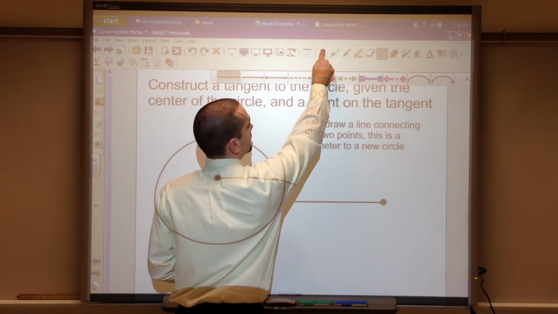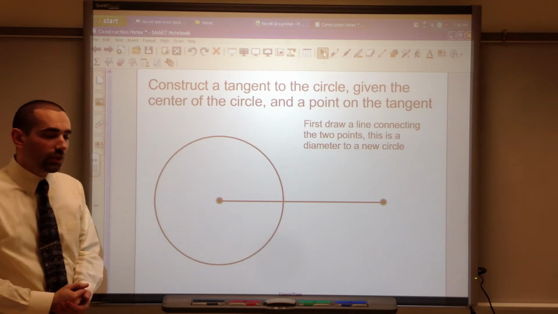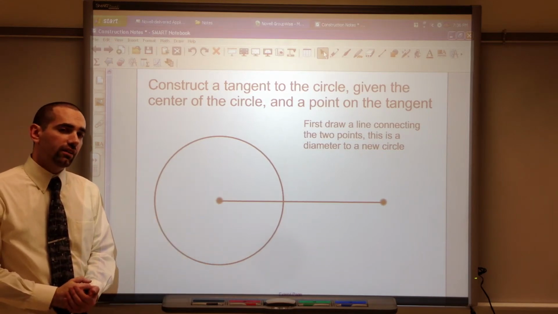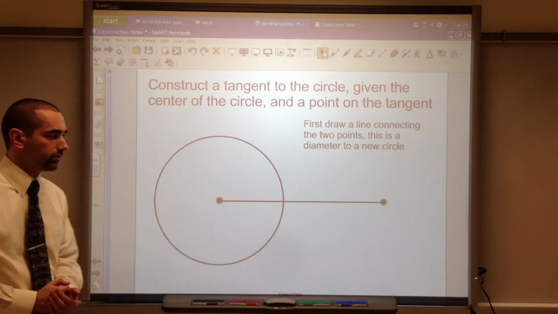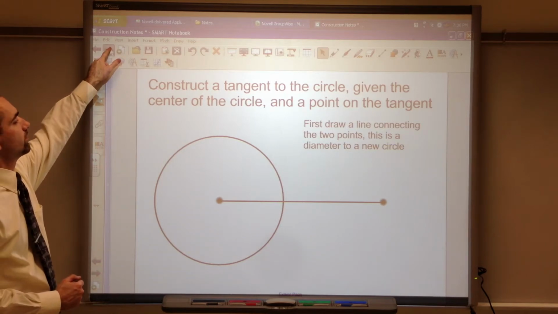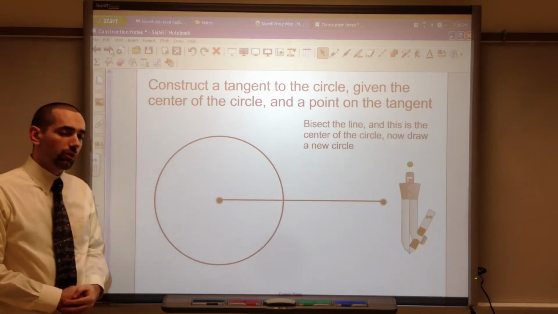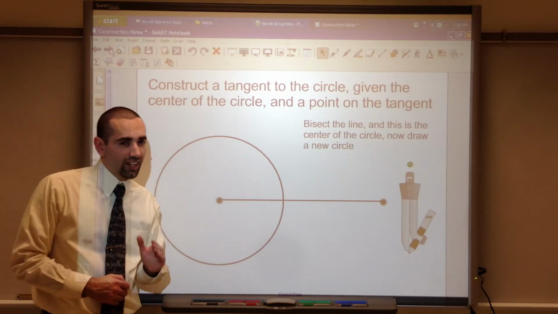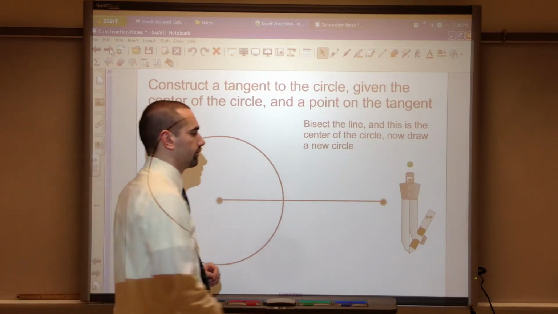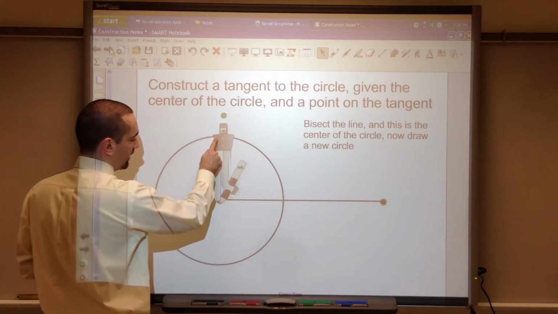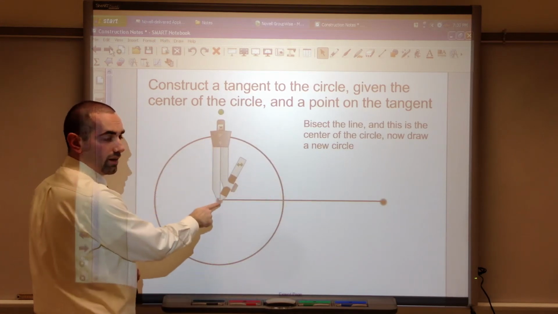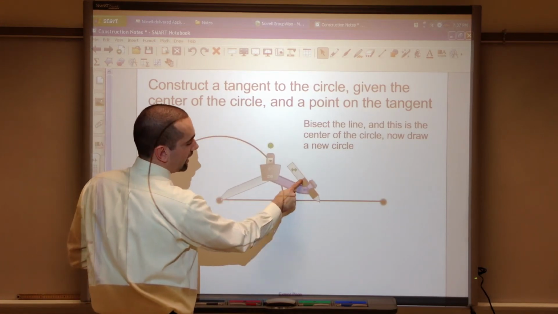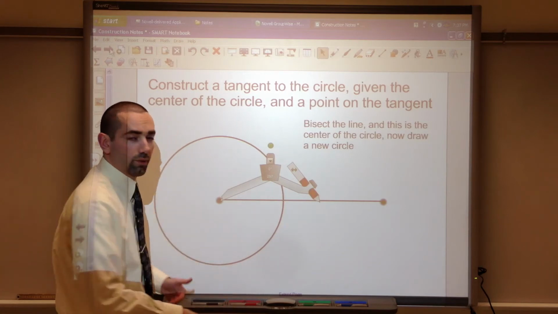And I'm going to use that new line I just made to create another circle. So what we're going to do with that line is we're going to bisect it. And that will be the center of our new circle. So remember, bisect it, endpoint, we take it past the middle, or at least what appears to be middle.